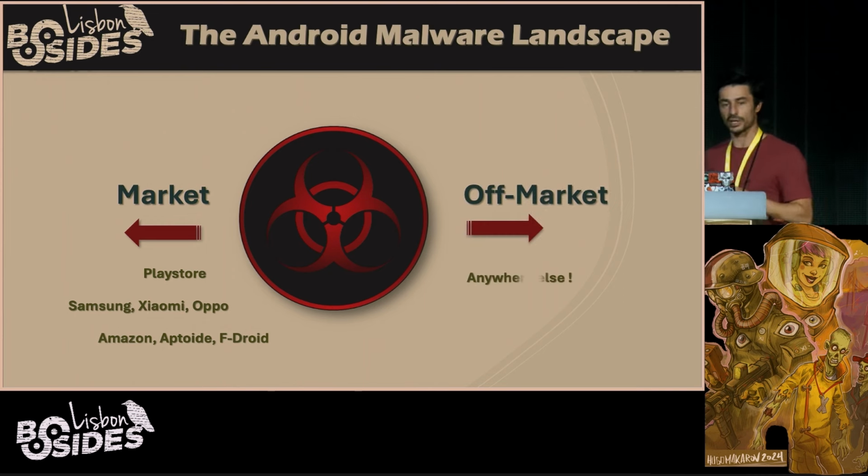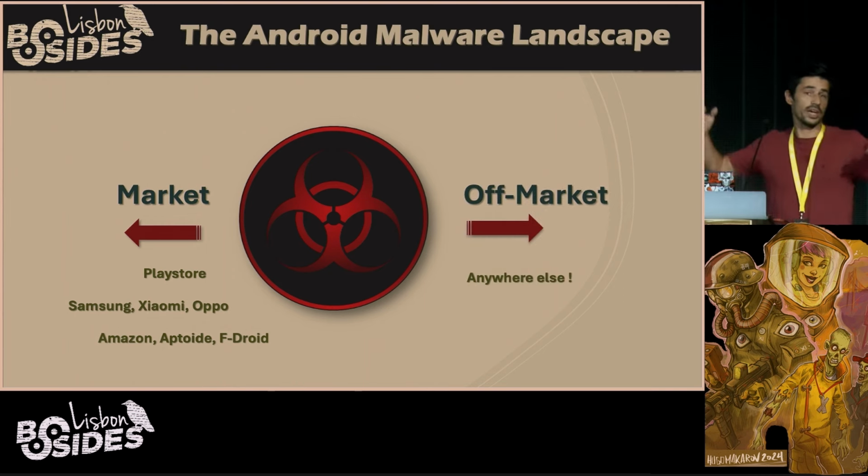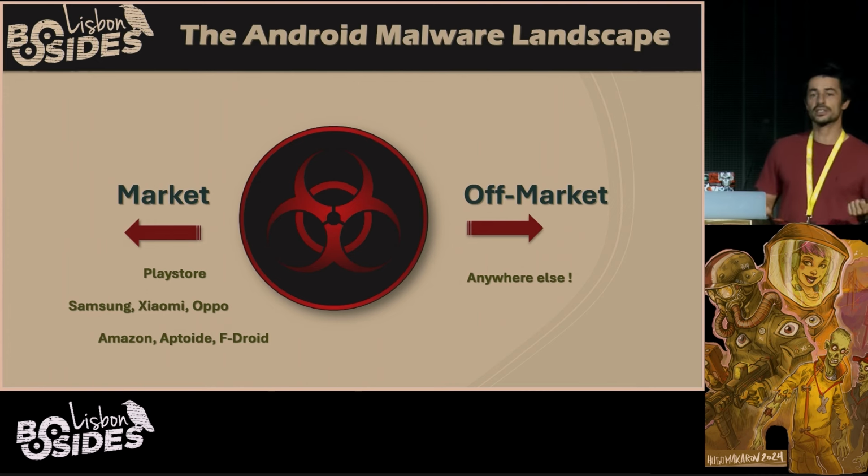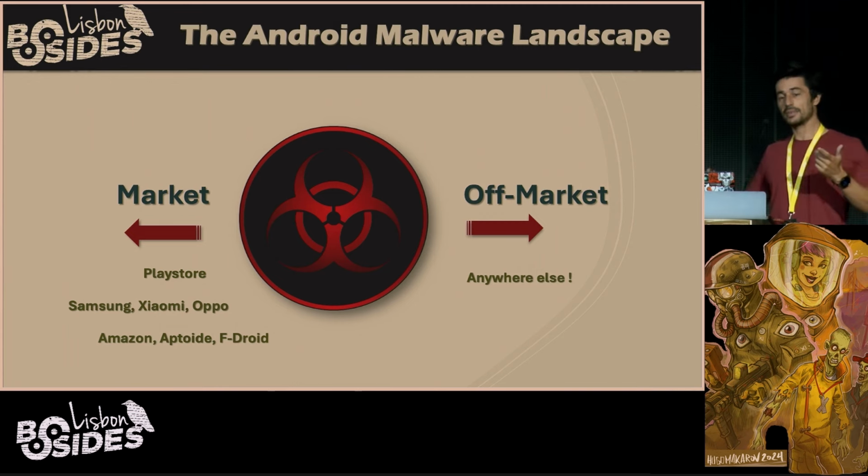Now, the off-market, these are applications that you can get, well, anywhere else. On a website, a link in an SMS, a friend sends you, be careful with those, I have plenty of them, or even through ADB, directly through ADB.